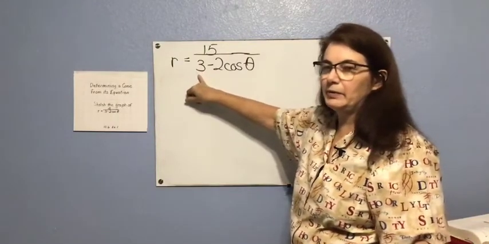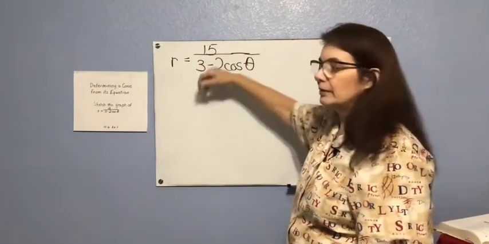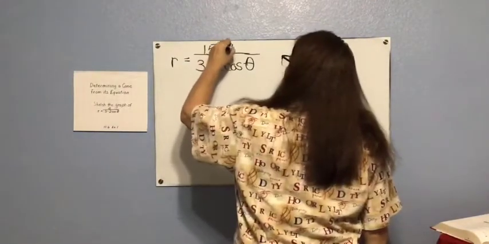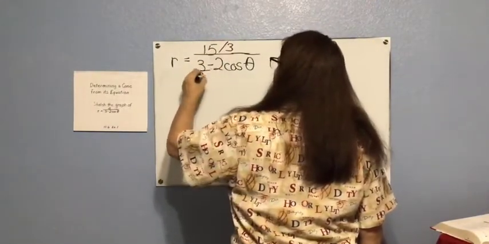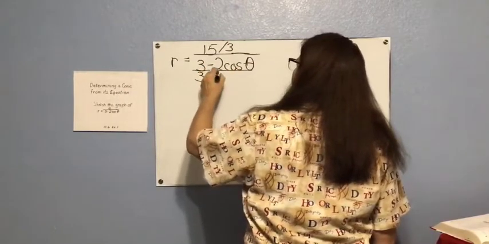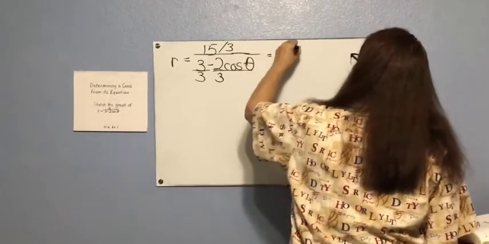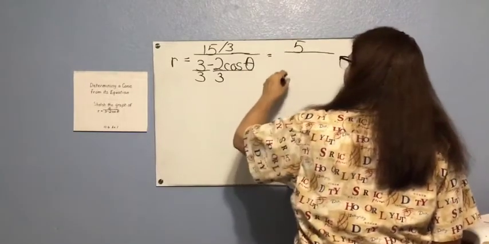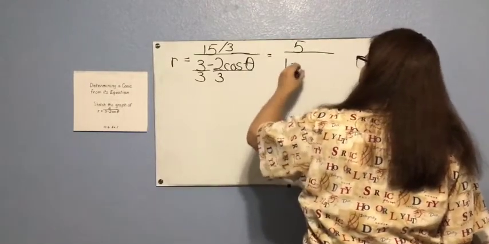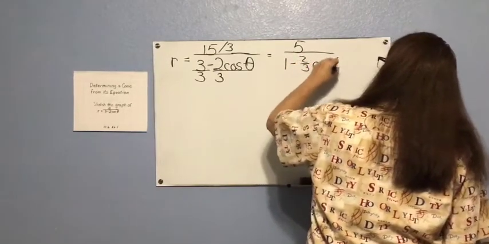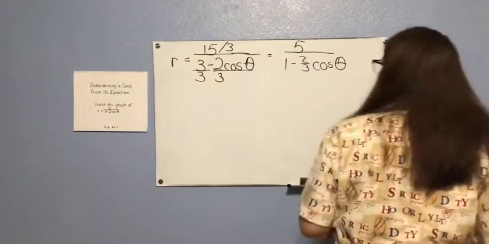So to make this be a 1, I'm going to divide all the numbers by 3. So I'm going to have 15 divided by 3, 3 divided by 3, and 2 cosine theta divided by 3, which gives me now 5 over 1 minus 2/3 cosine theta.